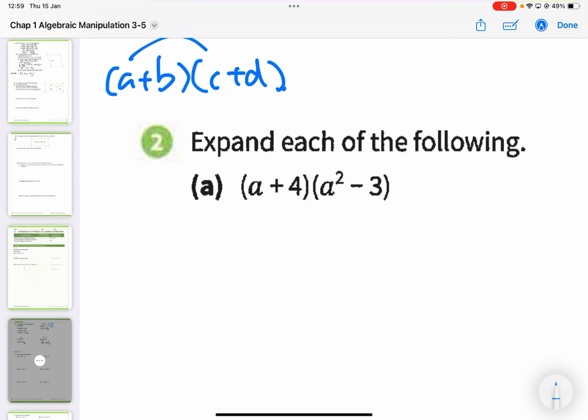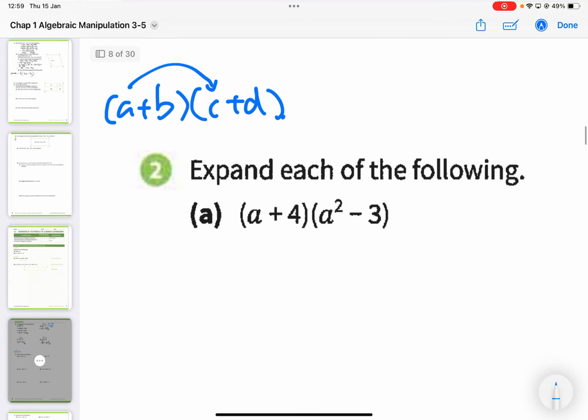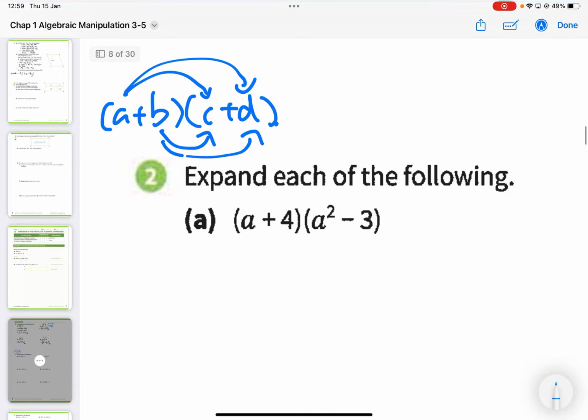The first one needs to multiply the first one, and the second one, then the second one from the first one multiplies the first one from the second one, and lastly this one times this one. Okay? So when we are solving, first term from the first bracket multiply first term from second bracket.